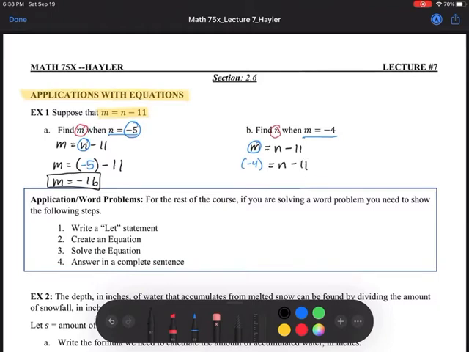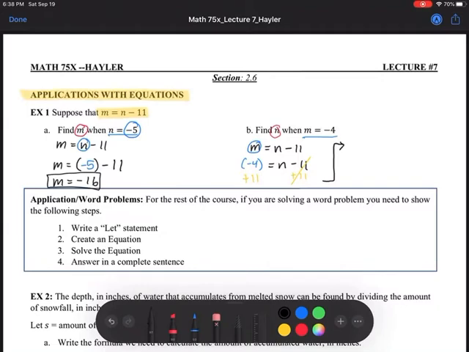All right, but notice, n is not by itself. We need to get n by itself to solve for n. So to get n on one side, we're going to go ahead and add 11 to get rid of it from this side. But then we have to balance the equation. Remember, this is an equation. We have to add 11 to both sides. Let's use the arrow to indicate where I'm going.